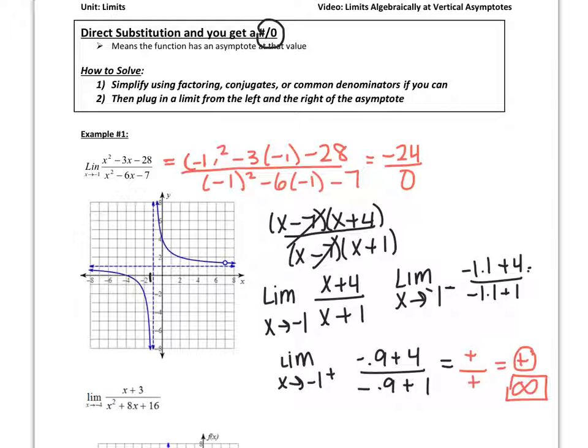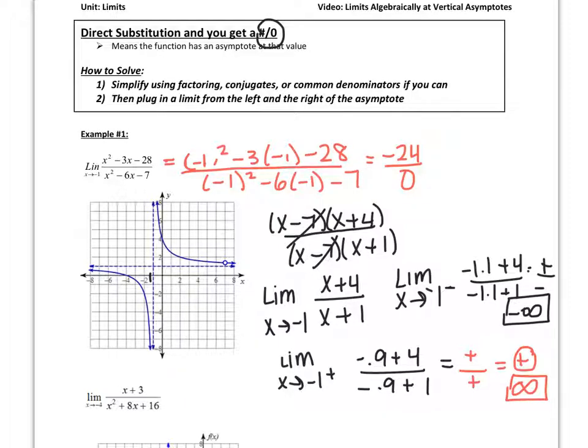Now, if I take these two numbers on the top and add them, it'll be positive. And if I take these two numbers on the bottom and add them, it'll be negative. So a negative number divided by a positive number is negative. That's how we conclude that the limit as x approaches -1 from the left is going down to -infinity.